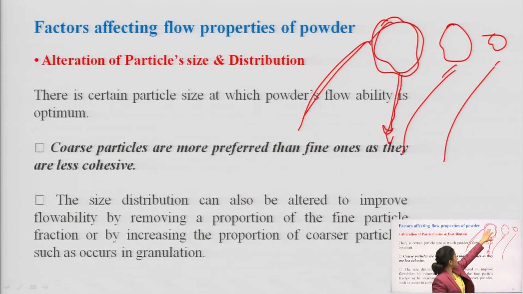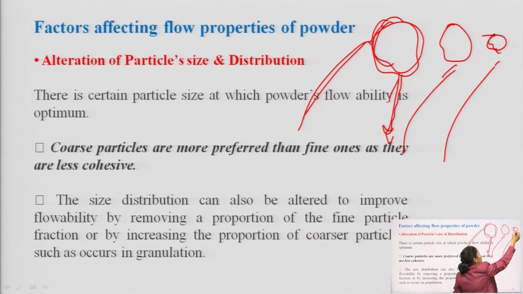When you drop this particle from a certain height, it will not come down in a smooth way. How will it move? It will move just like a stumbling block. It will stumble. It will not move freely.